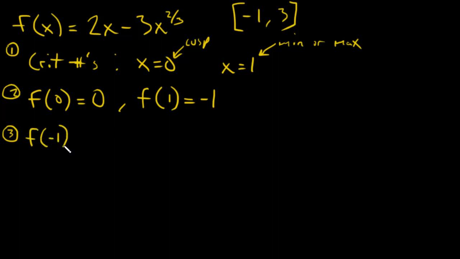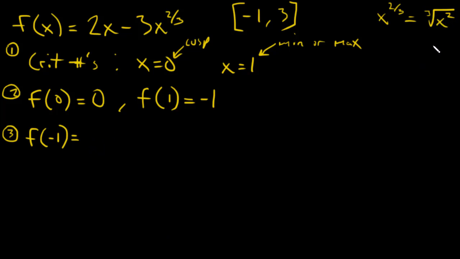f of negative 1 is equal, well, I'm going to get 2 times negative 1, negative 2. And this one is kind of odd, but it's not too bad, because x to the 2/3, if I rewrite that, is just the cube root of x squared, like that, right? And so if I square the value, I get positive 1.